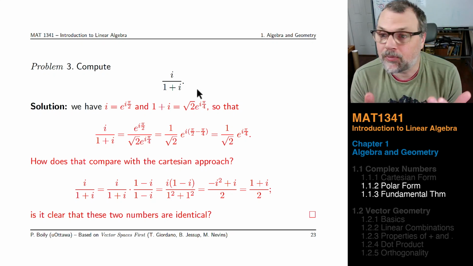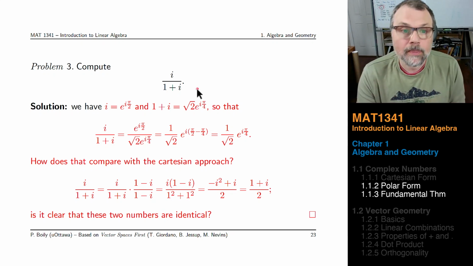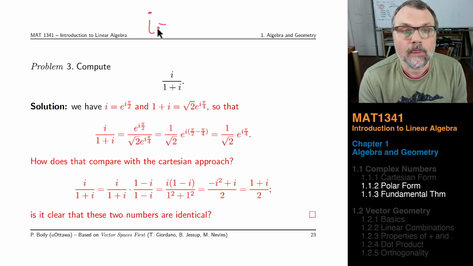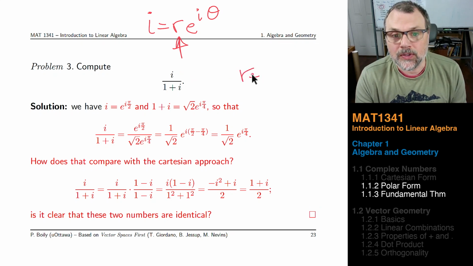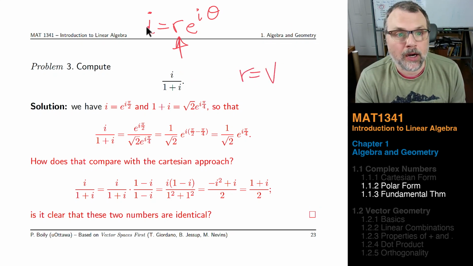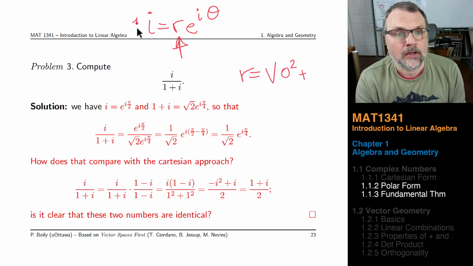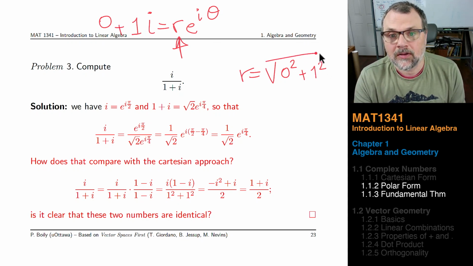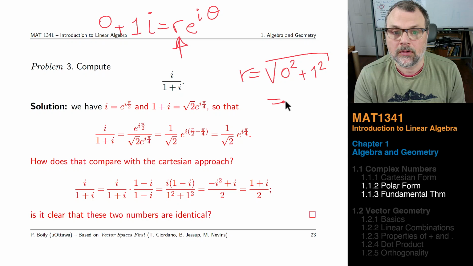So we'll write i in polar form. The modulus of i, this bit here, would be what exactly? It would be the square root of the real part, but i has no real part, so that's 0 squared, plus the imaginary part. That's the same thing as writing 1 times i. So r is equal to 0 squared plus 1 squared, which is 1.